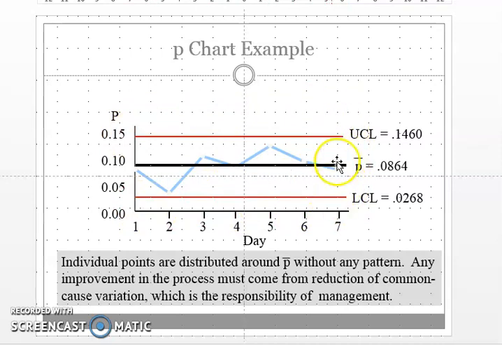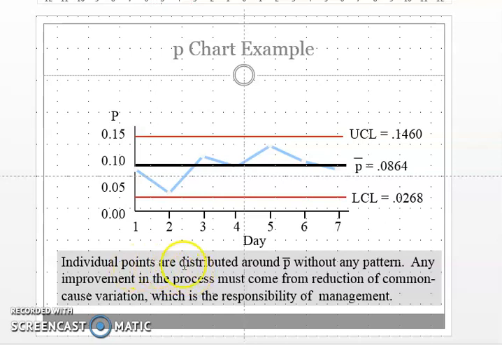And you have to observe that the graph should not grow above the upper control limit. Okay, so here you plot the graph, and after that you can conclude.